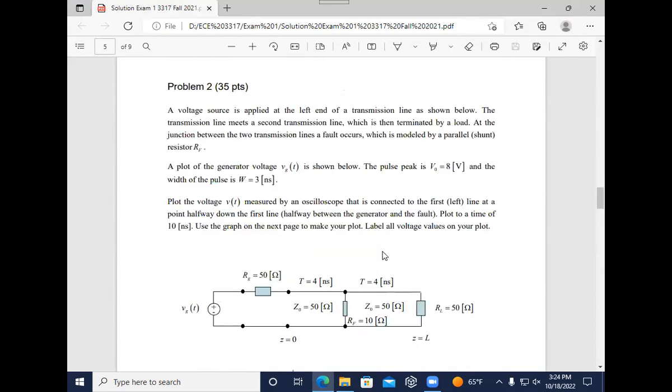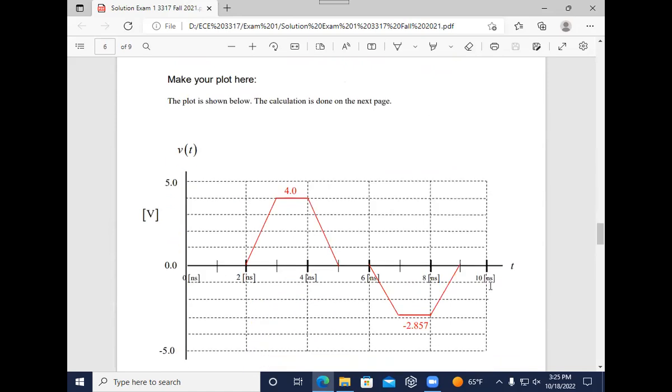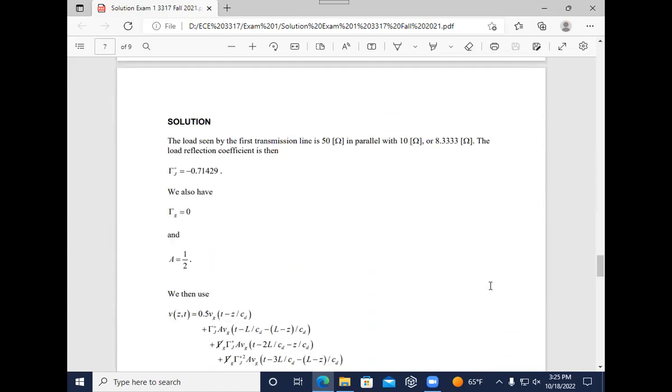So is it this one here? Okay. It said that A is equal to half. I'm wondering how we got that. Well, the A coefficient is that number that comes from the voltage divider.